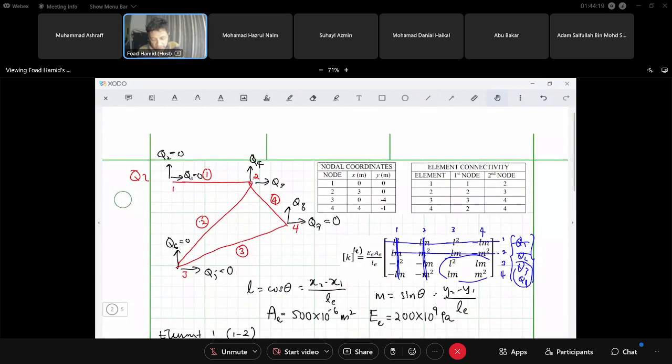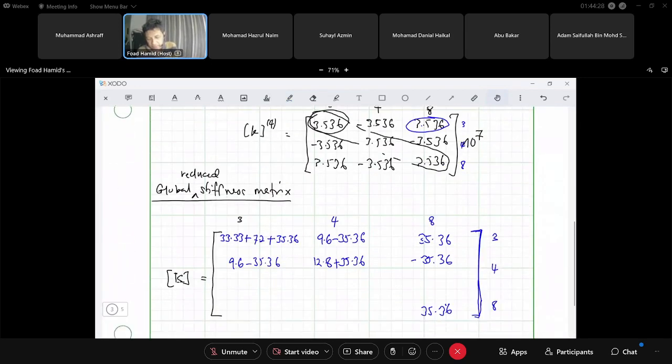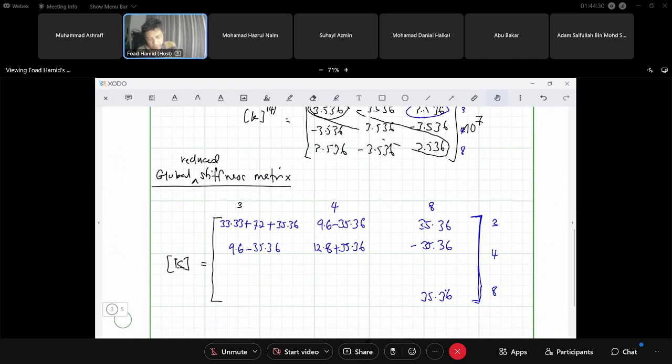This is 3, this is 8. So basically, we can just reuse number 4, which is now 35.36 minus 35.36. And this should be times 10 to the power of 6.